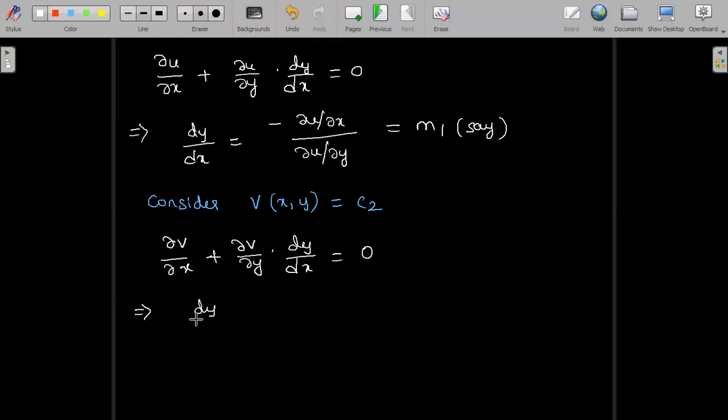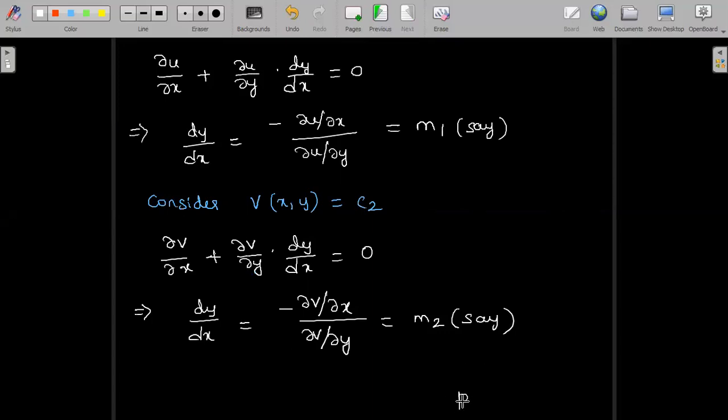And again from this I am able to write down dy by dx, which is minus dou v by dou x divided by dou v by dou y. Say this is equal to m2, another slope for us, denoted by m2.